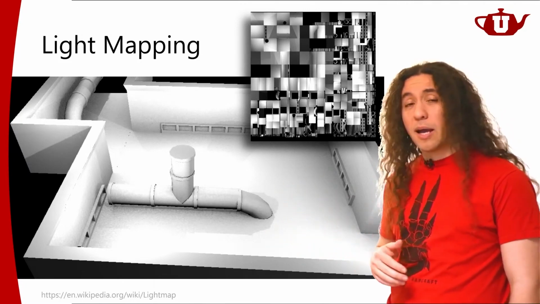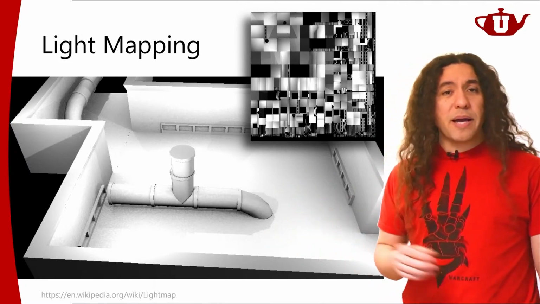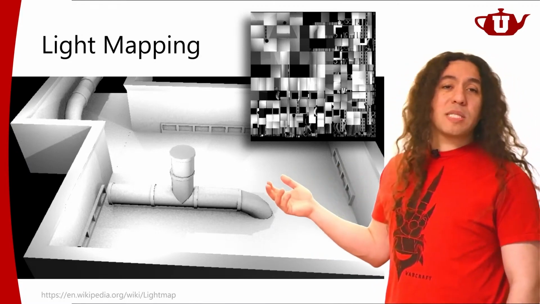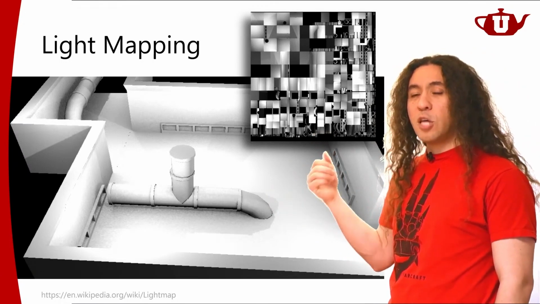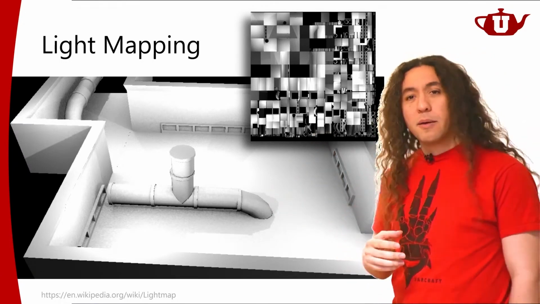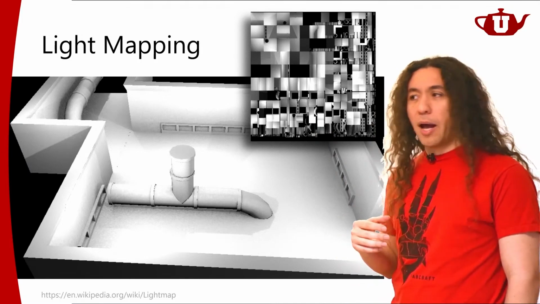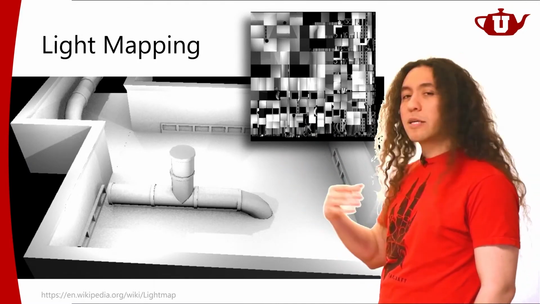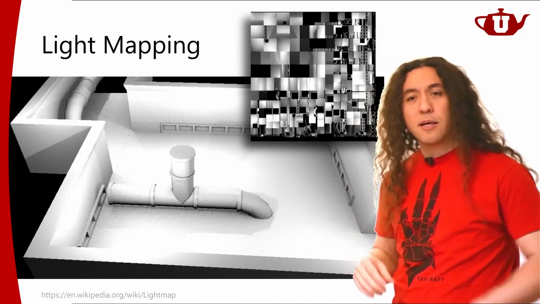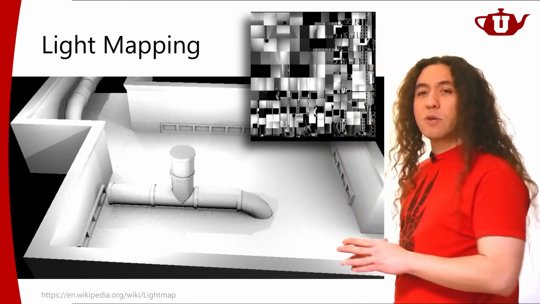For specular surfaces, maybe I add some more details. Maybe I add more information in my light map, not just how much light is coming, but I can also separate it a little bit and say this much light is coming from this direction, this much light is coming from this other direction. So I can have more complicated structures there as well.